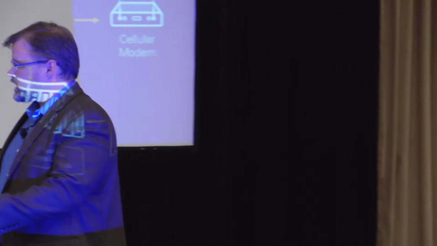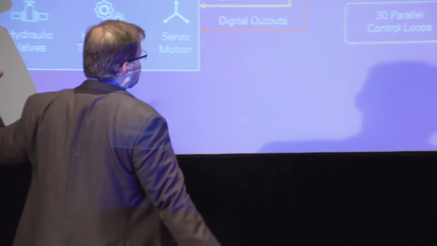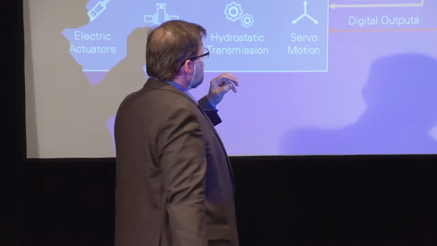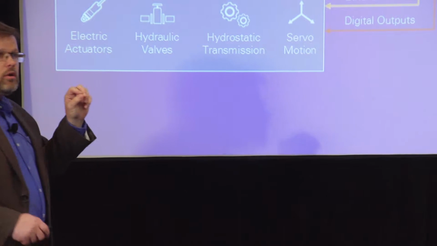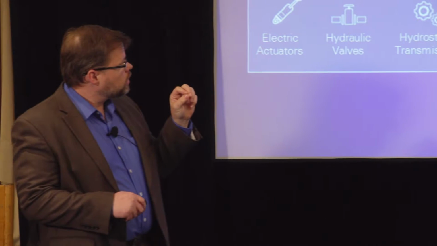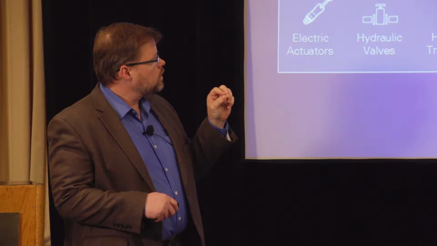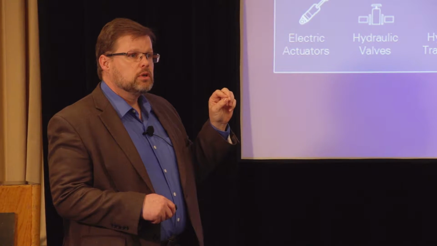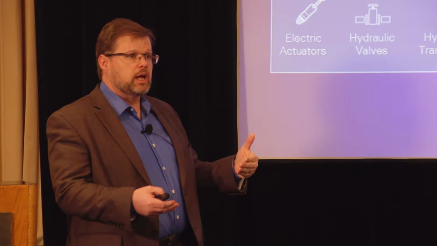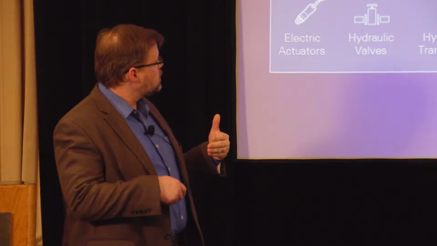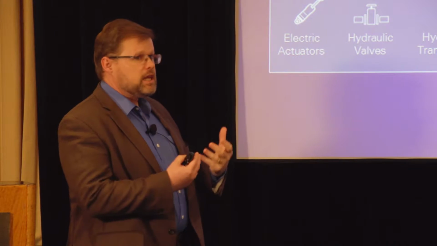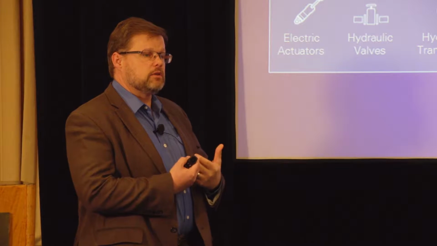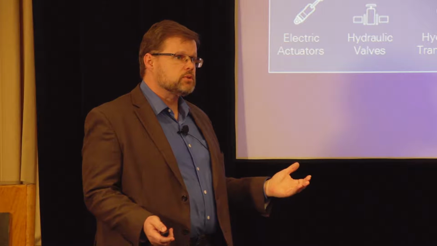Okay, so if we take a look at the guts of this thing, they've centralized all of their control of this machine into a single controller that runs 30 parallel control loops. So here they're bringing in sensor data as well as network data, making measurements, doing advanced calculations, and then controlling the systems.